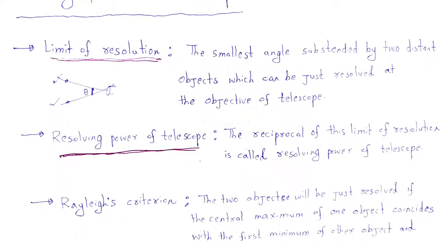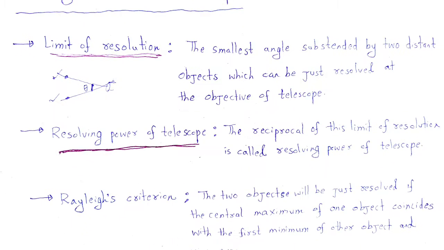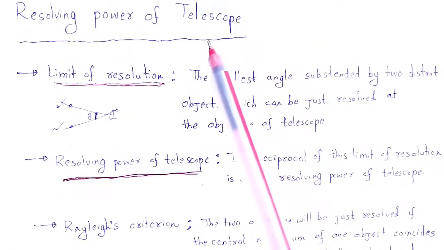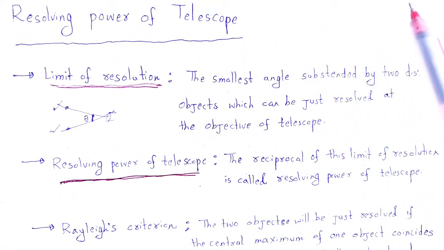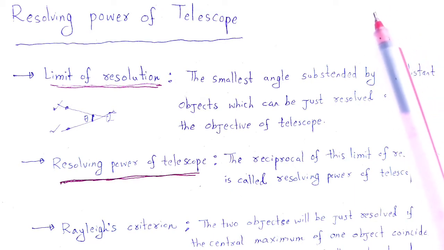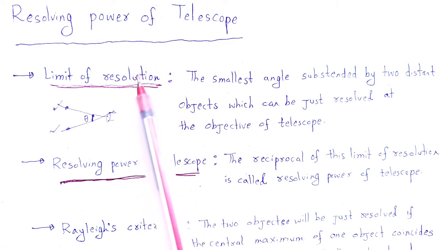Next, Rayleigh's criterion. In case of telescope, Fraunhofer diffraction takes place as the objects are at infinity. So, what be the conditions?